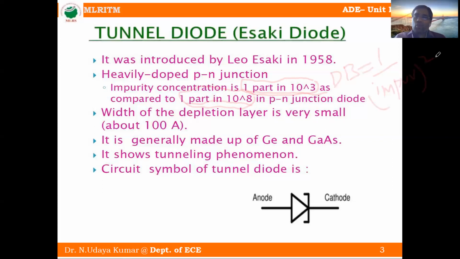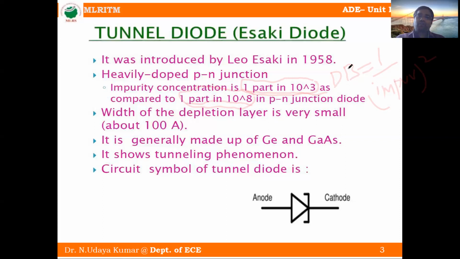That means while adding more impurities, or when doping levels are higher, the barrier width decreases. The barrier width is inversely proportional to the impurity concentration.